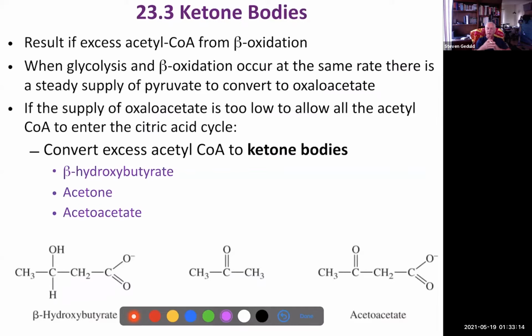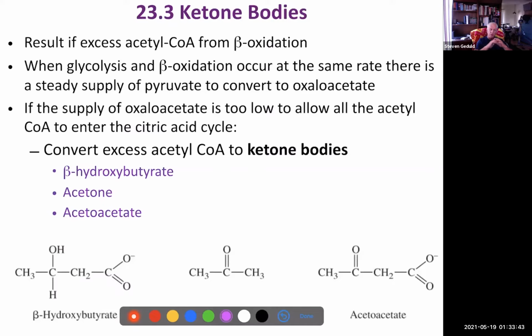Every bond you break to form a 2-carbon section gives you an NADH and an FADH2. Okay. Then every 2-carbon section is going to run through the citric acid cycle. Every time one of those runs through the citric acid cycle, it produces 3 NADH, 1 FADH2, and 1 GTP, which is 12 ATPs.